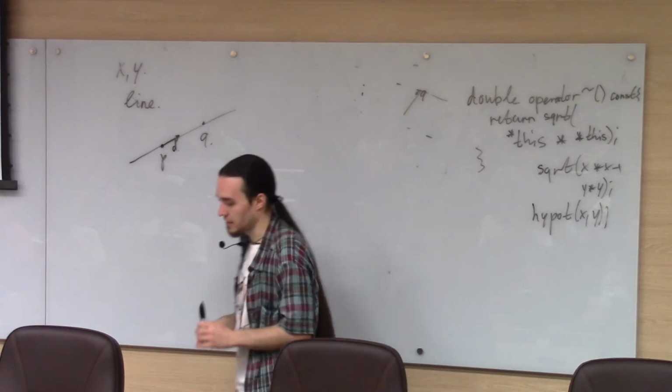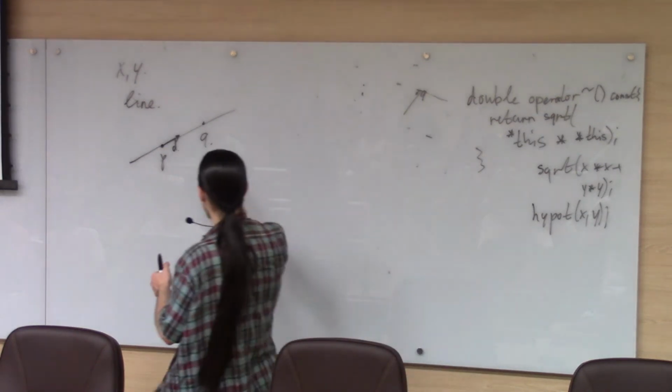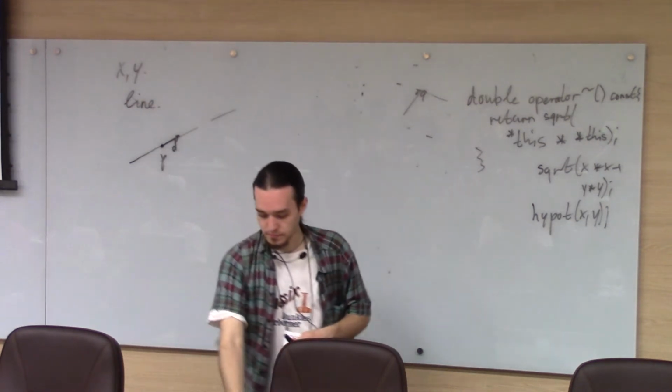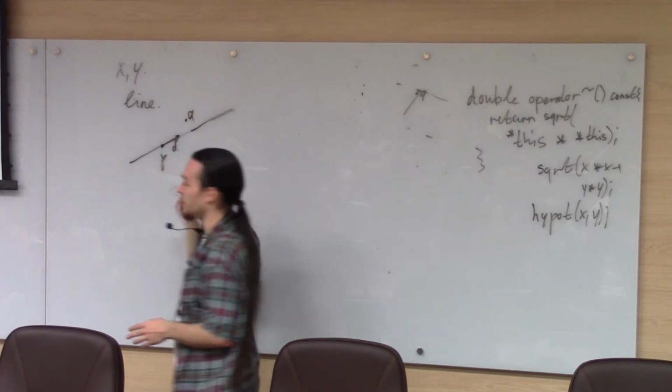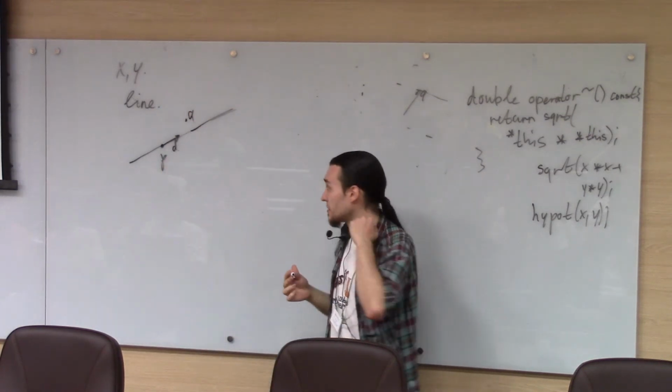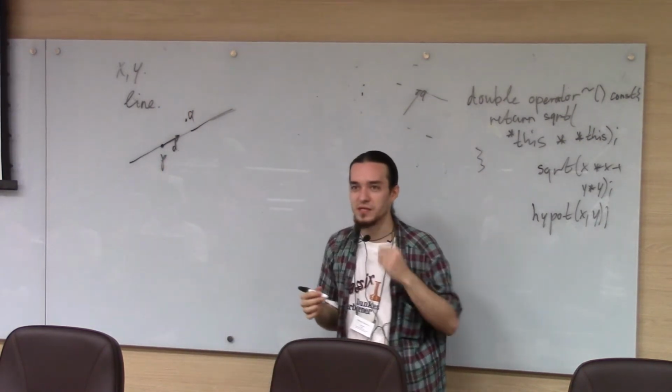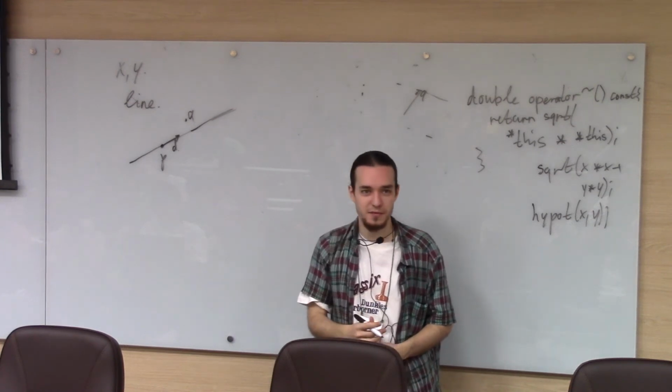Okay, so we have another point Q, which is now not on the line. Well, it could be, but it's a separate point. So how do we check if this point actually lies on the line?